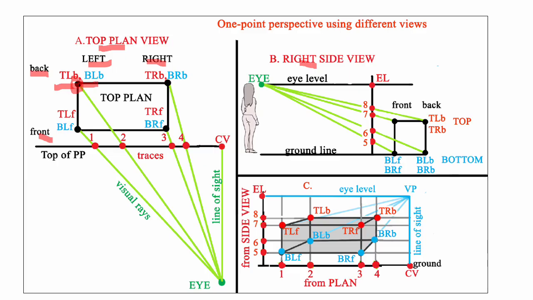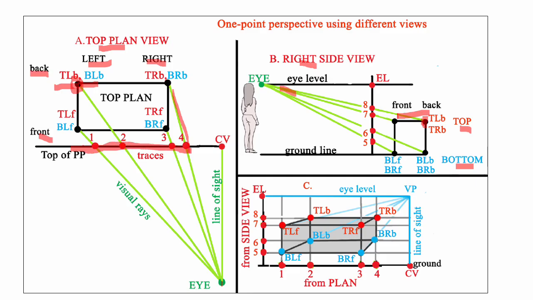Now over here on the right side view, we see the front and the back and the top and the bottom, but we don't see the left and right. So this dot over here is the top left back and the top right back. Now, draw lines in each case to the eye so it crosses over the picture plane here.